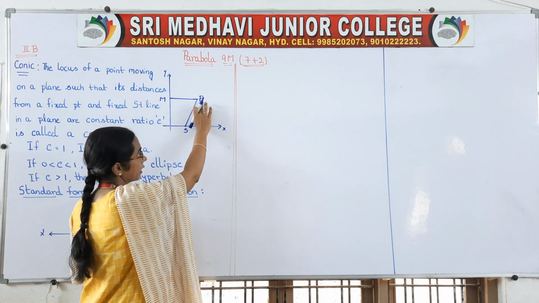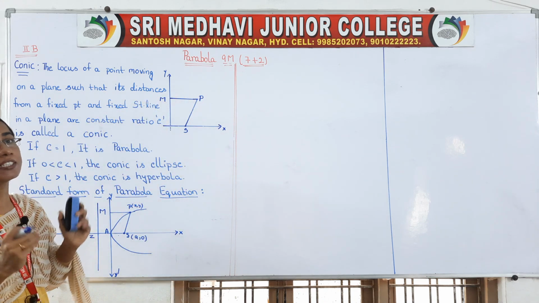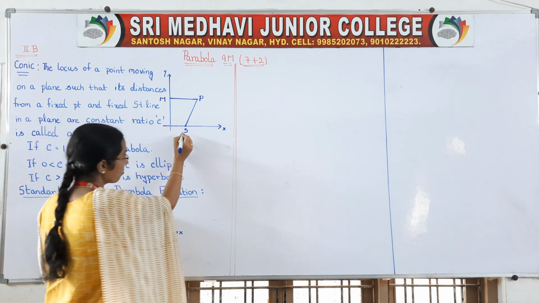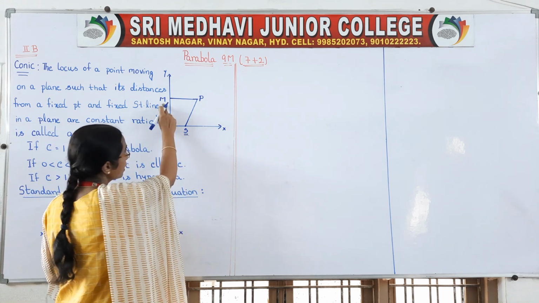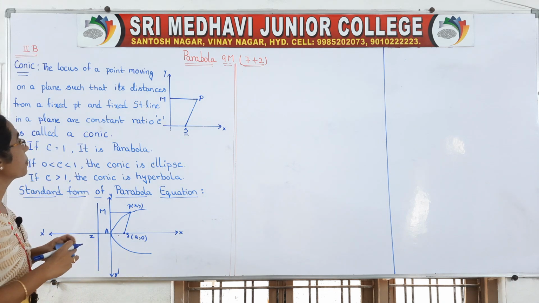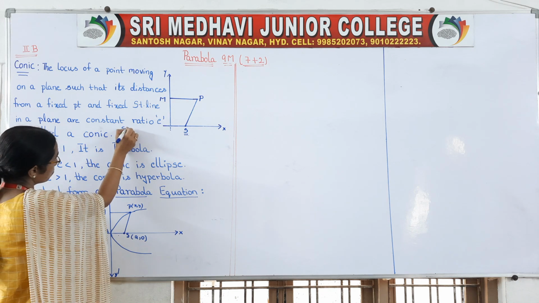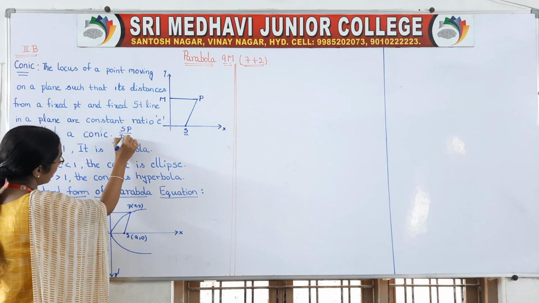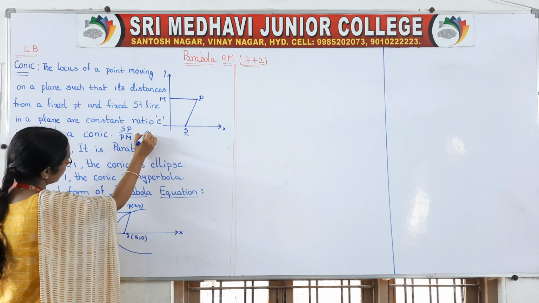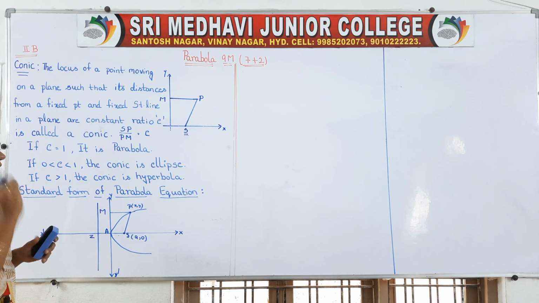This point maintains a constant ratio of the distances from a fixed point and a fixed line. So SP by PM is equal to E. That constant ratio is called E.